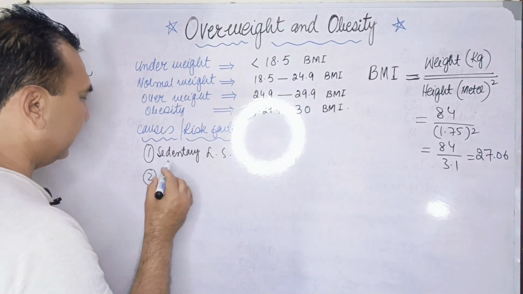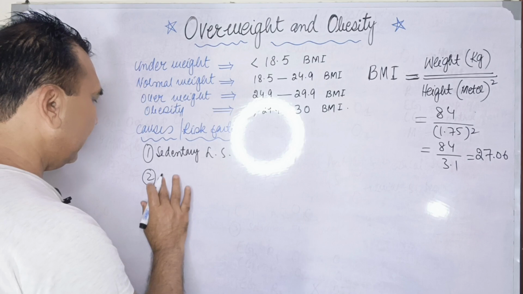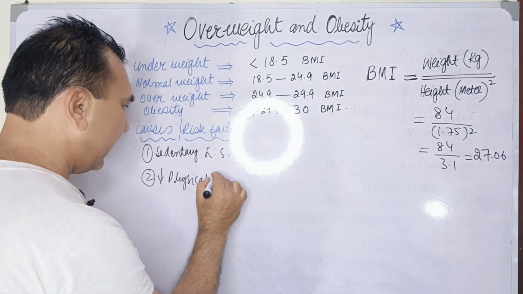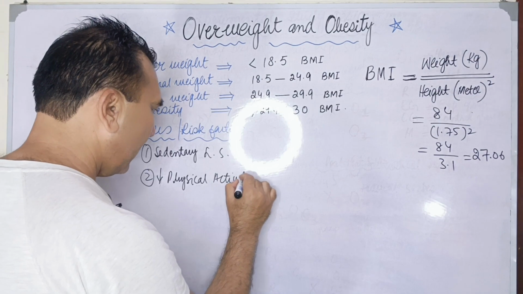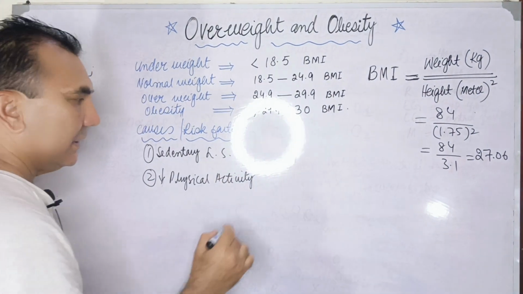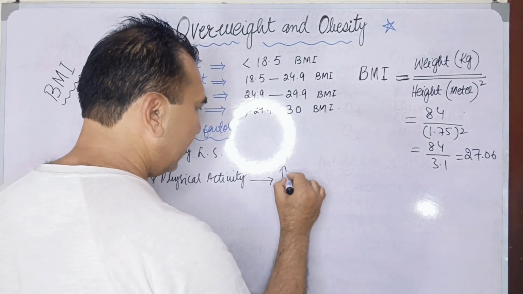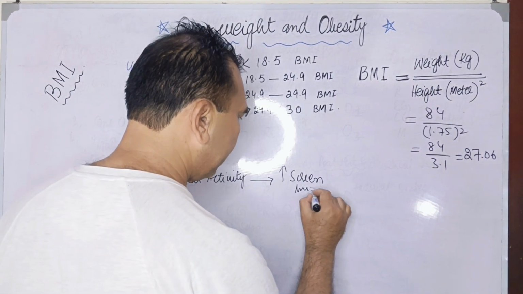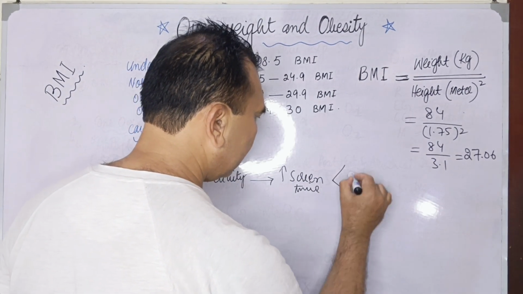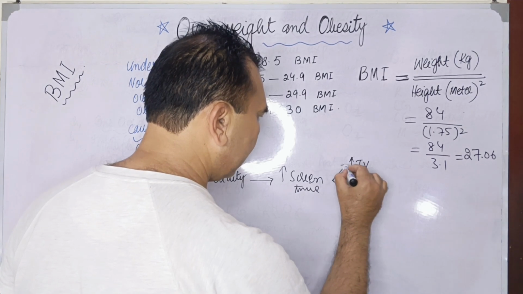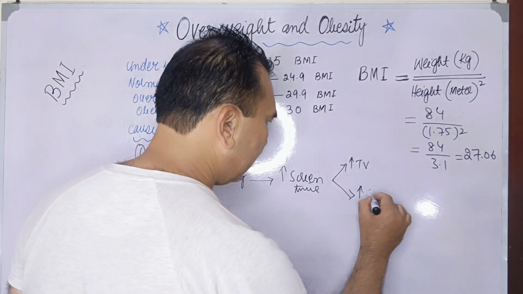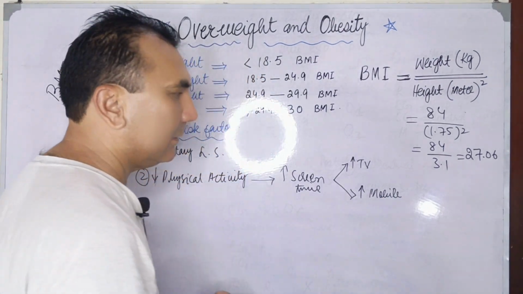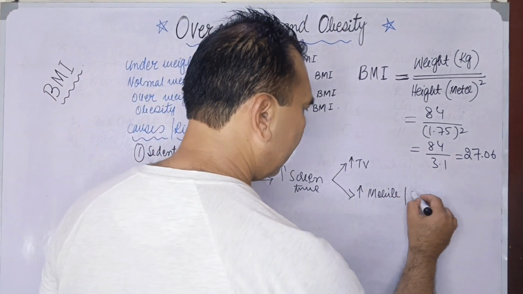And the second one, physical activity has decreased. Another reason is screen time. Screen time has increased in front of the TV and mostly on mobile or electronic devices.